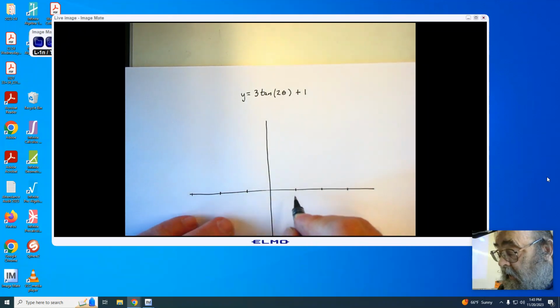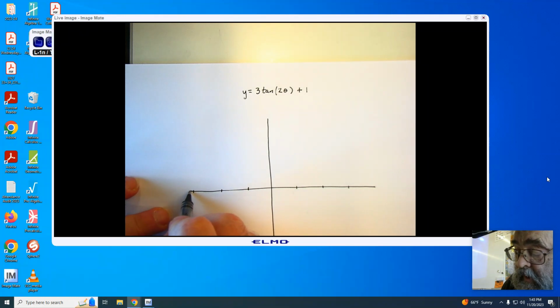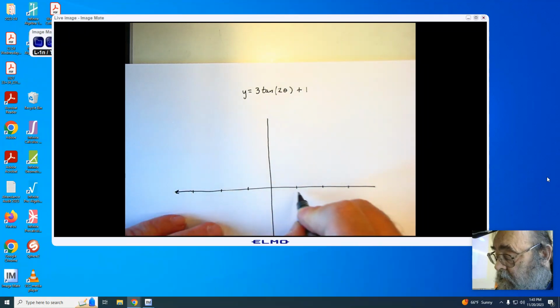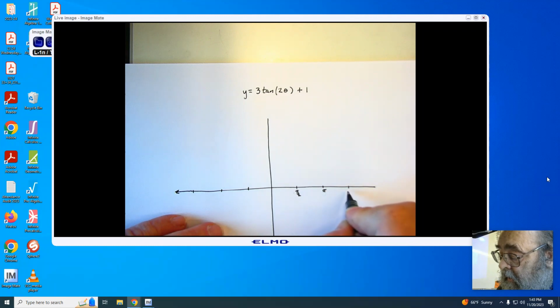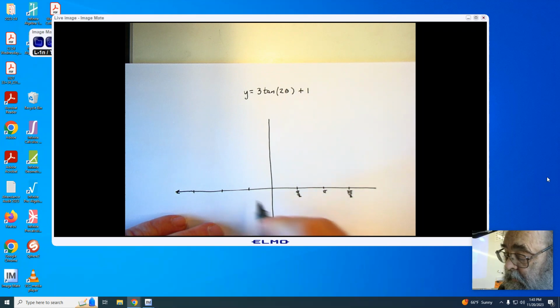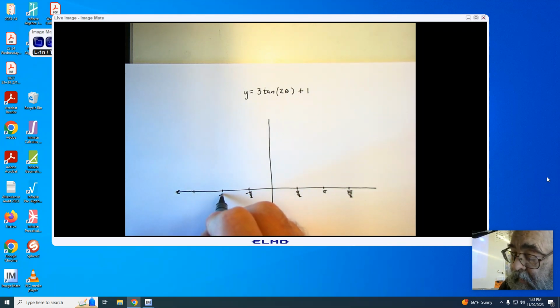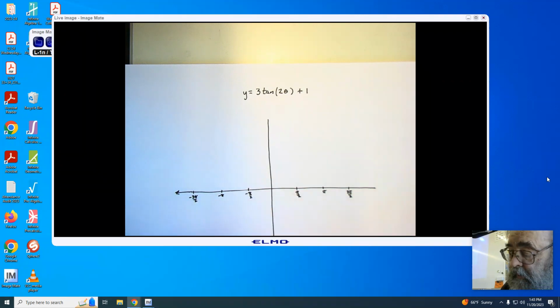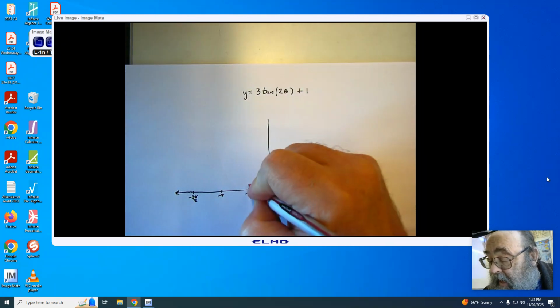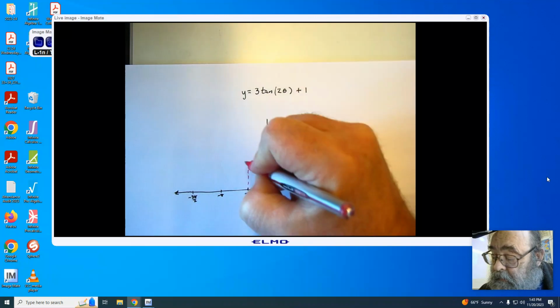Let's go ahead and just label these on the graph so that we know where we're at. Pi over 2, pi, 3 pi over 2, negative pi over 2, negative pi, negative 3 pi over 2. We're now going to put in our asymptotes. The asymptotes are at pi over 2 and negative pi over 2.